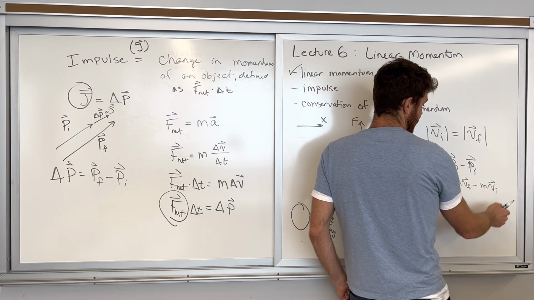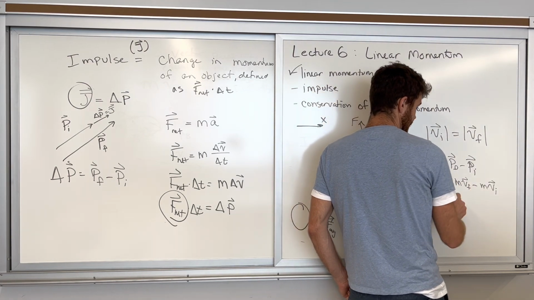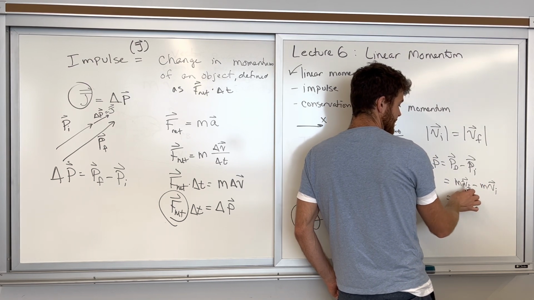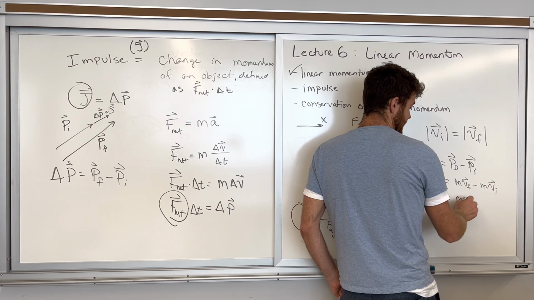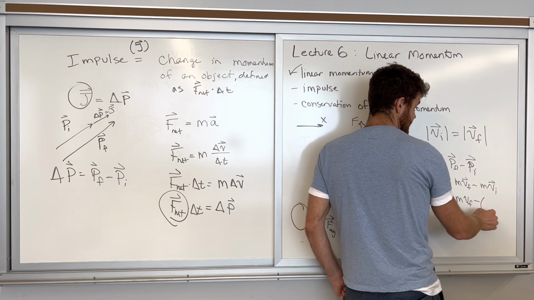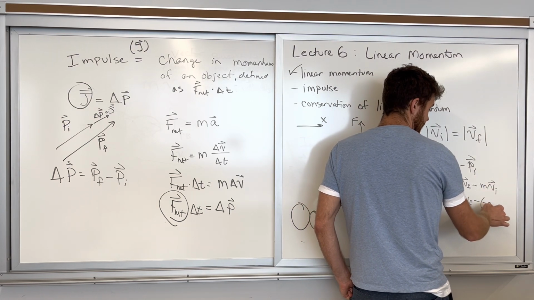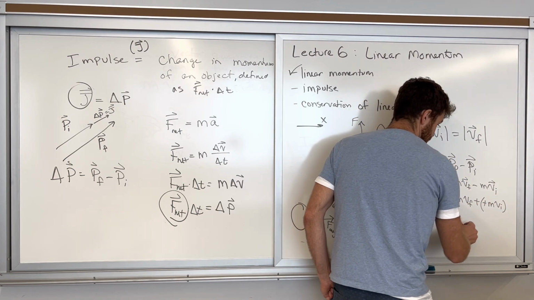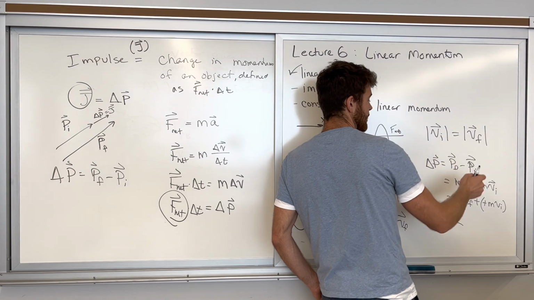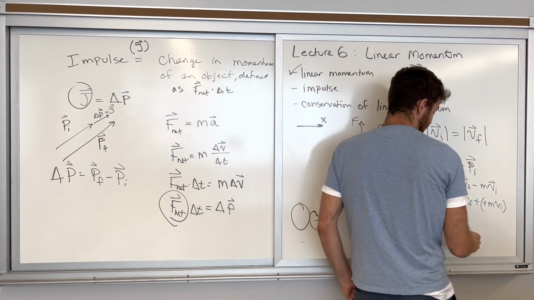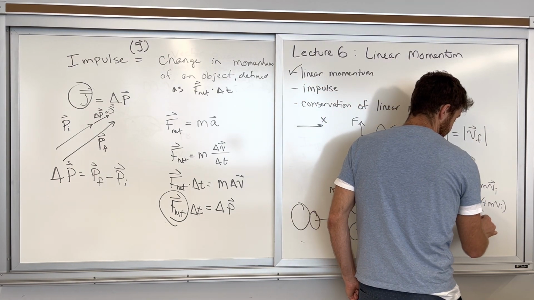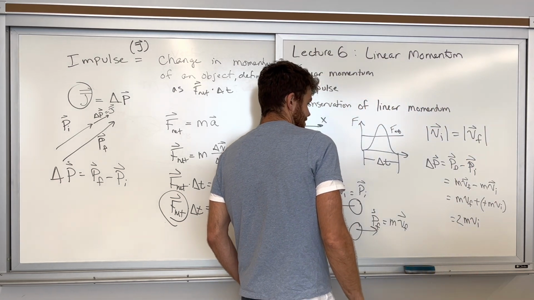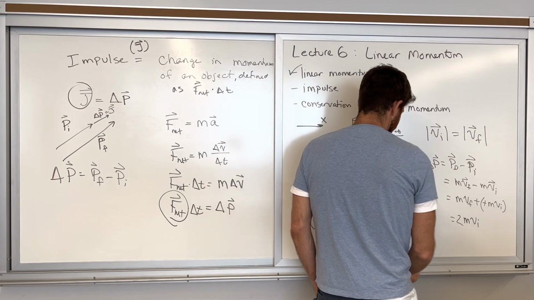V initial is negative, so if we drop the vector signs and give them their actual arithmetic sign, v final is positive, so we'll write that as a positive. Minus v initial is negative, so we'll write that as a negative. See, those negatives cancel out. And because v final and v initial have the same magnitude, I can write this as 2 m v initial. And that's our change in momentum.